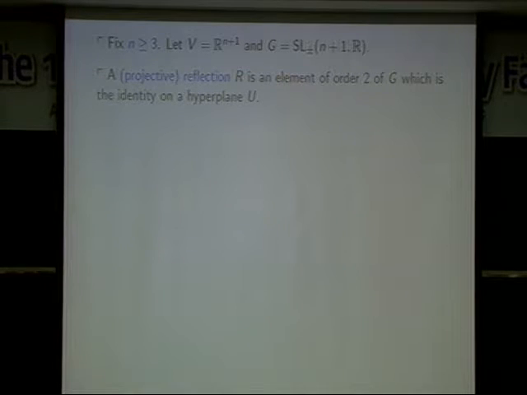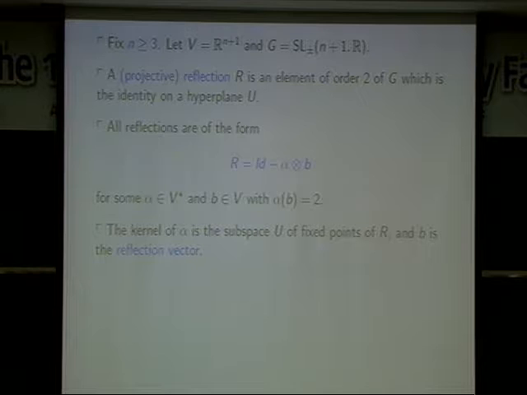But for the projective reflection, in this case we need two gadgets. The reflection R is an element of order 2 of G, which is identity on a hyperplane. So it is of the form R(v) = v - alpha(v) b, for some linear function alpha and vector b, with alpha(b) equal to 2.